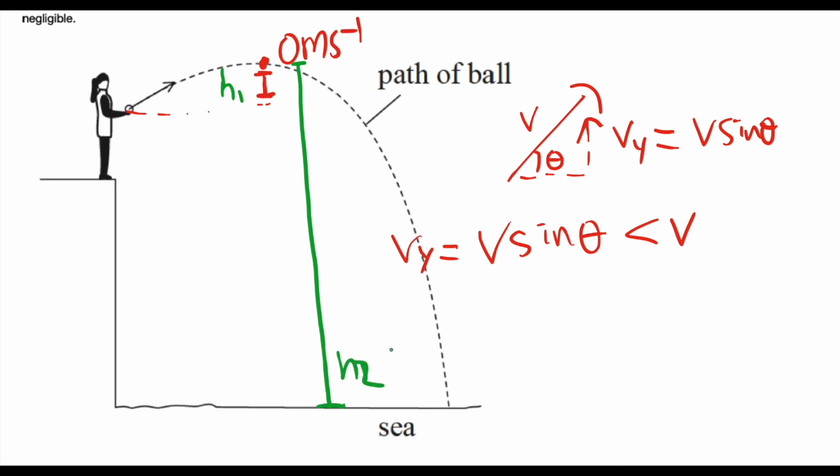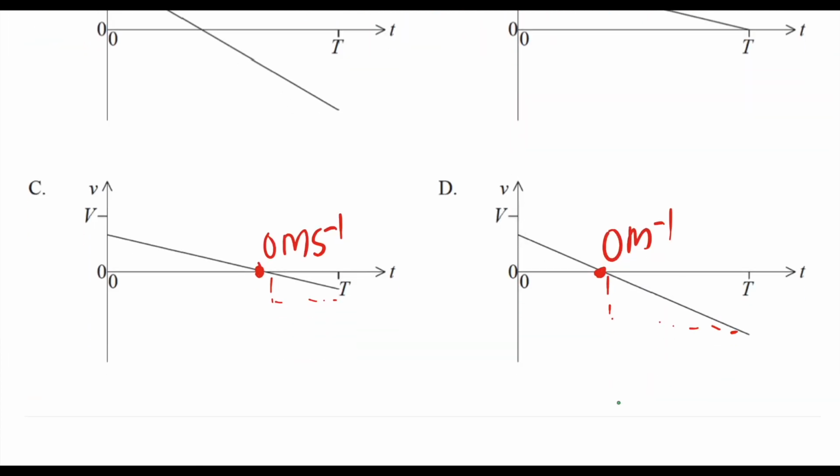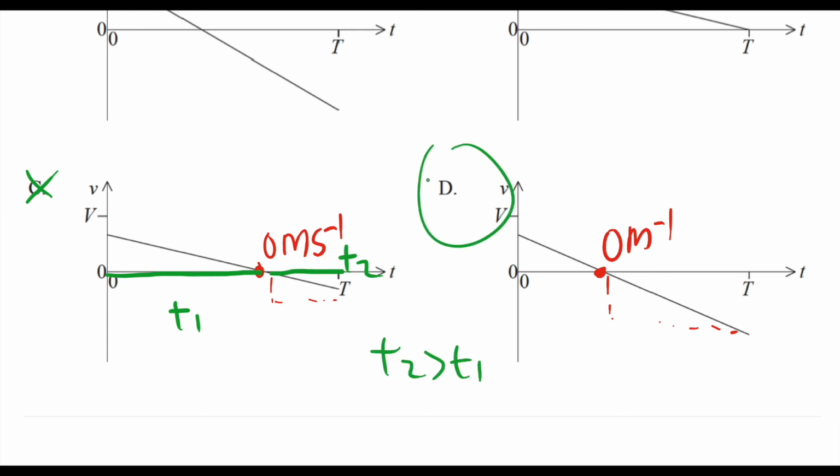So H1 is less than H2, meaning that T1 must also be less than T2. So C is also wrong because this part here represents T1 and this part represents T2, right? But we know T2 must be greater than T1, so D is the correct option.